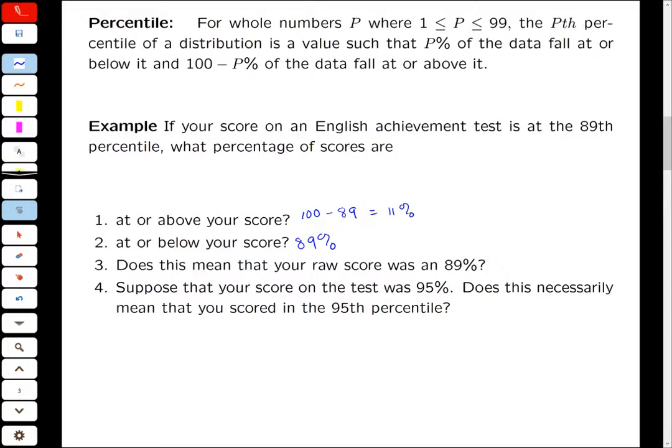Now, here's the question. Does this mean that your raw score was at 89%? When it came back to you, did you get 89% for your grade on that test? No. You very easily could have gotten a 99% on the test. Just 11 other percent got 100. Okay? It's your rank where you stand amongst everybody else who took the test.